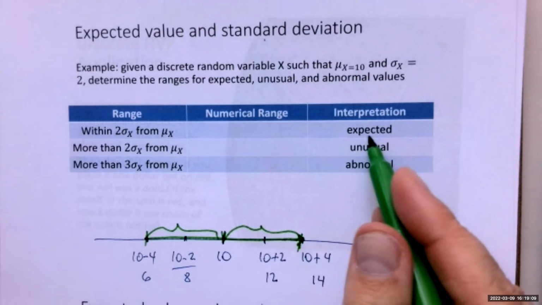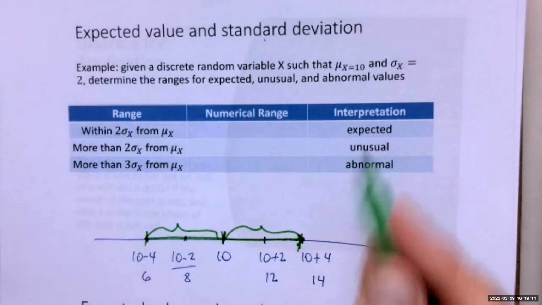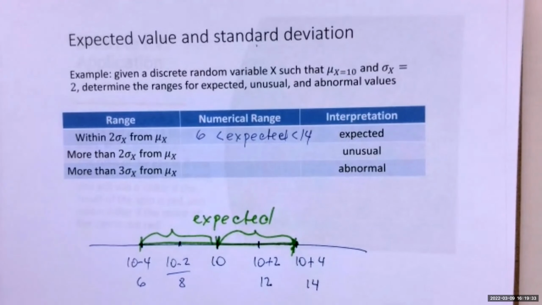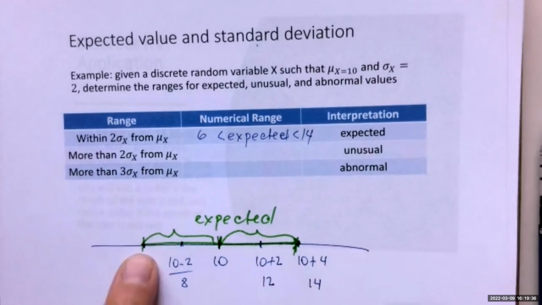That concludes that this interval includes our expected values. So expected values are between 6 and 14. Now, the unusual values are beyond those points.